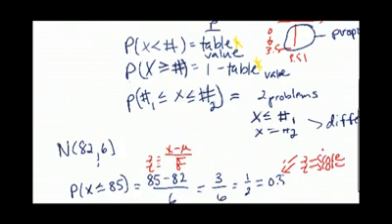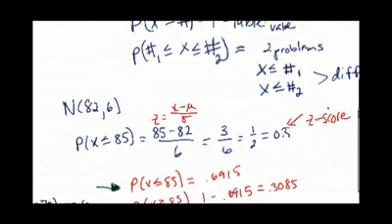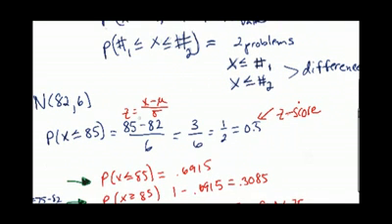Alright, so recap. If we want less than, plug in your data point, your mean, and your standard deviation, and simplify it, that's your z-score. Then for less than, look up that z-score, and it's the table value.